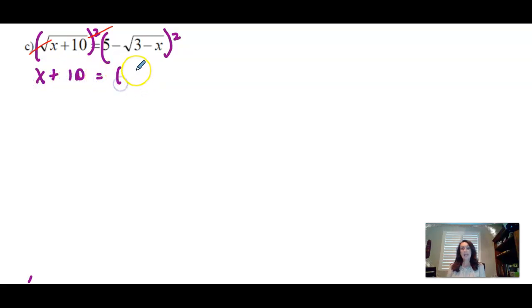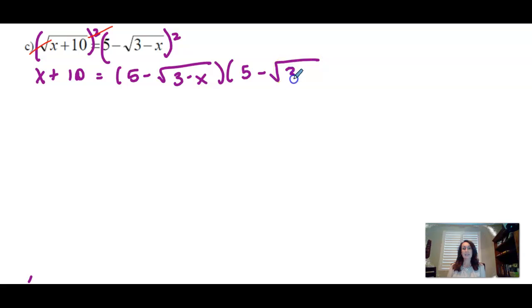On the right side, you have two of these, so you may want to write this twice just to help you FOIL it. First, outer, inner, and last. So I'm going to write this out twice. I've got first times first, 5 times 5 is 25.